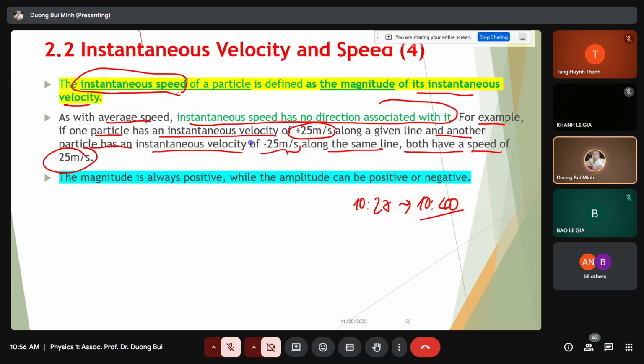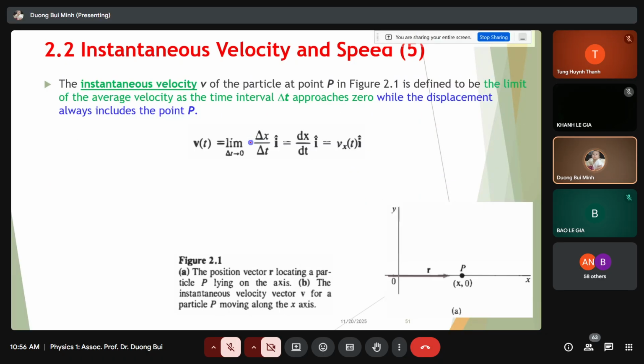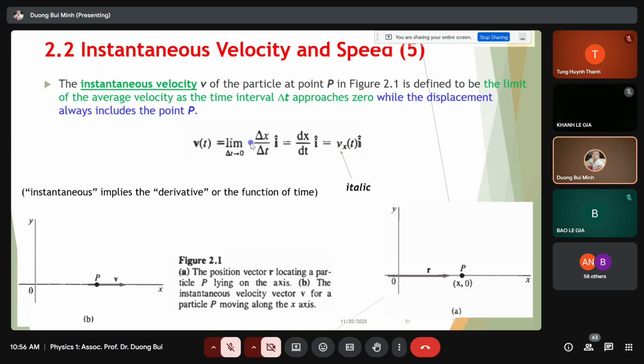So up to now you understand what instantaneous velocity is and what instantaneous speed is.